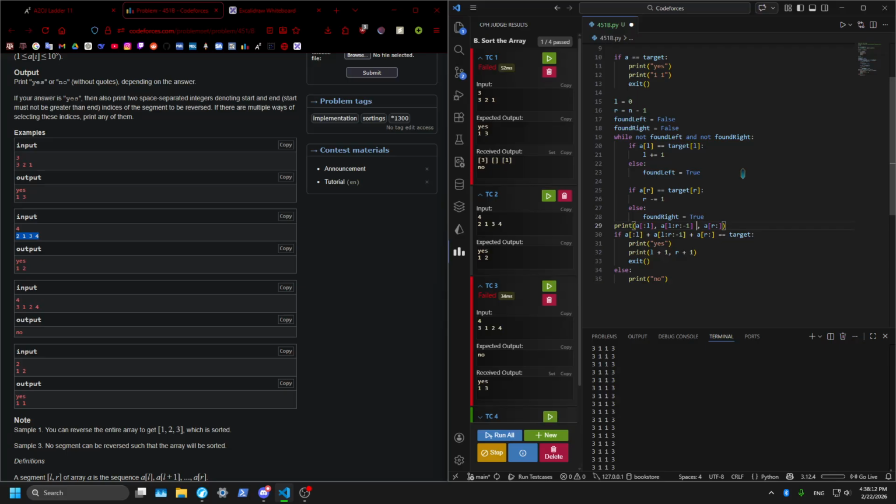No, this should be right. It's this part. The middle should be right. L to R.